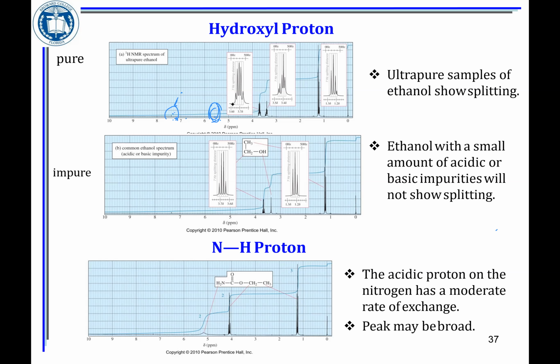But as soon as you add some acidic or basic impurity to it, the splitting will stop and it will show as a single peak. Even a very small impurity would make it show as a single peak. But if it's ultra pure, it would show as a multiplet because it's going to be split by the adjacent hydrogen.